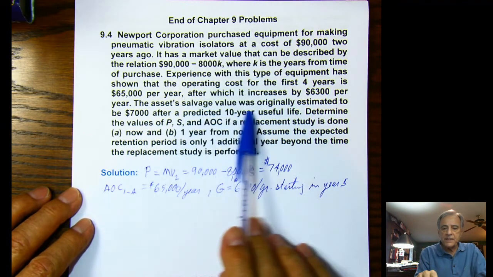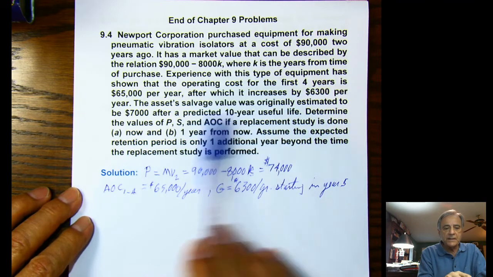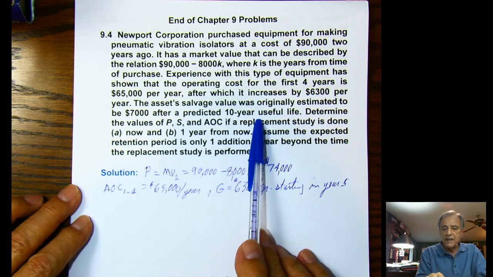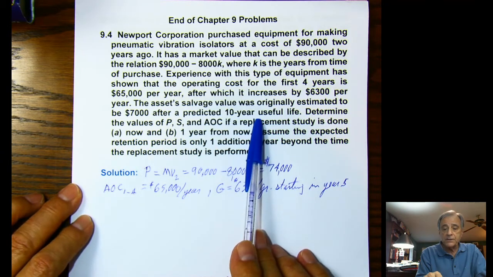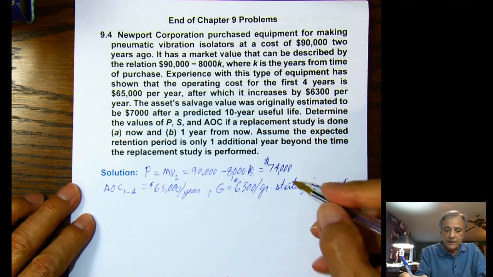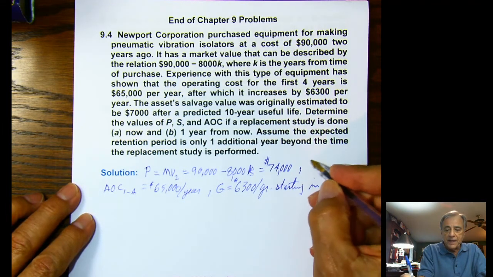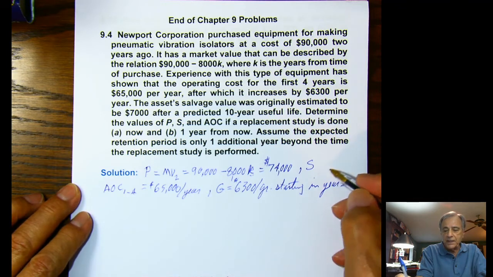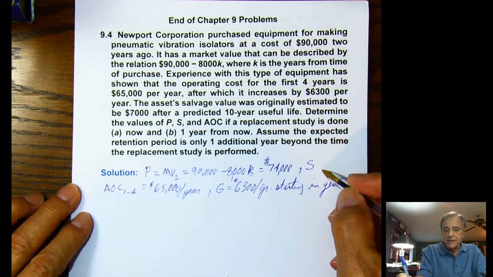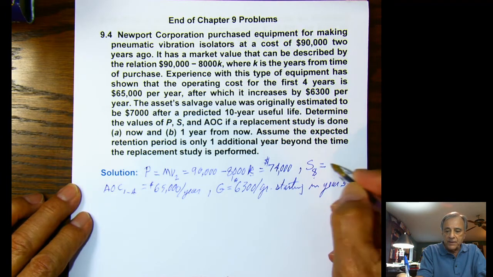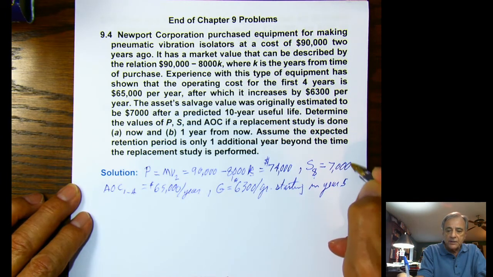The asset has a salvage value that was originally estimated to be $7,000 after its predicted life of 10 years. So originally the salvage value S10 was $7,000, but now it's still the same, but it's 8 years from now, $7,000.